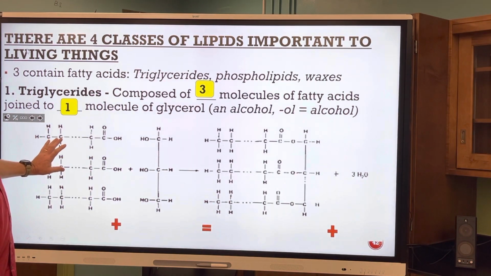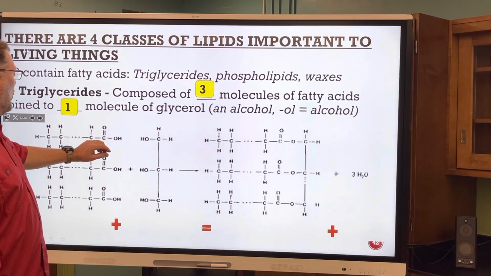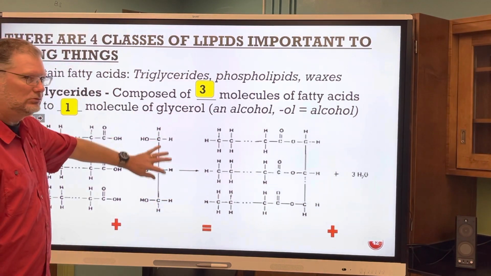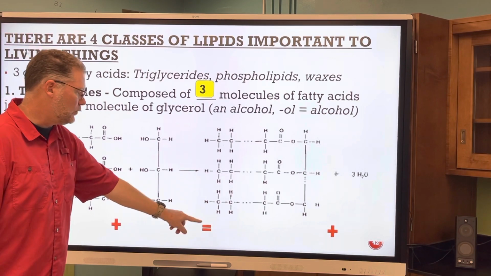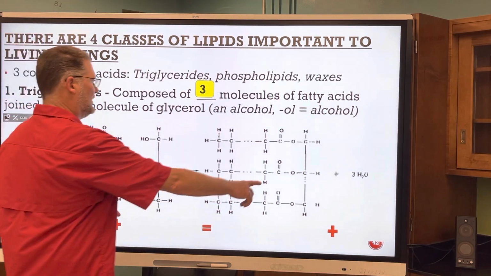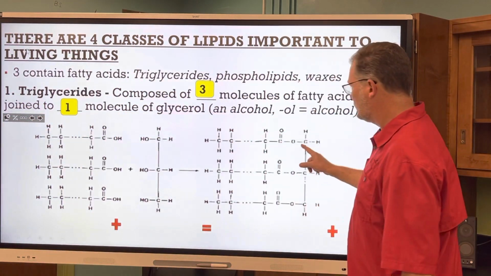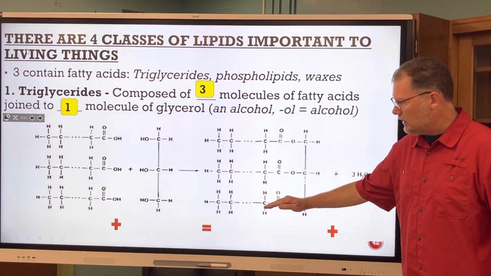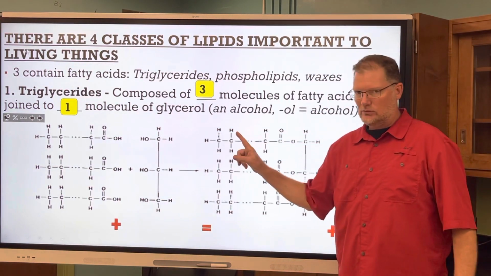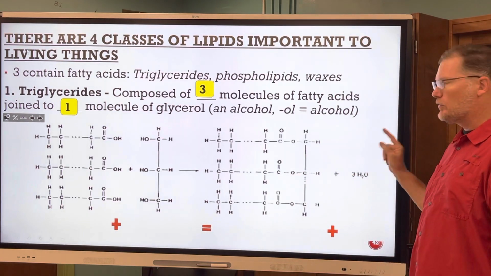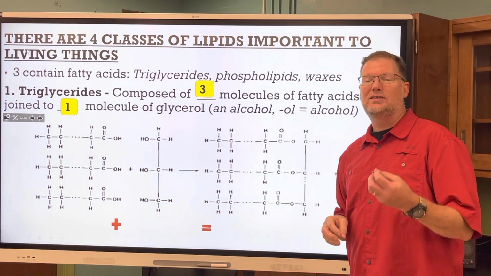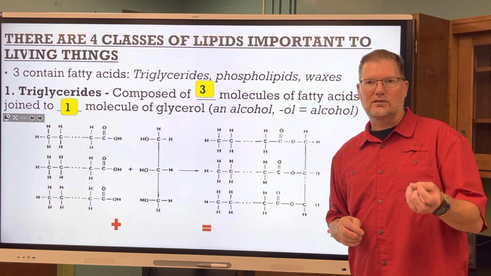They come together with 1 glycerol, and that yields or equals this triglyceride. 1, 2, 3 glyceride, okay? And 3 waters. So this is also a dehydration synthesis.